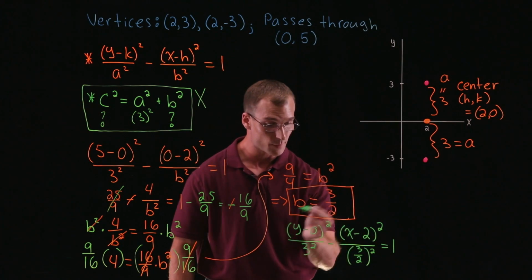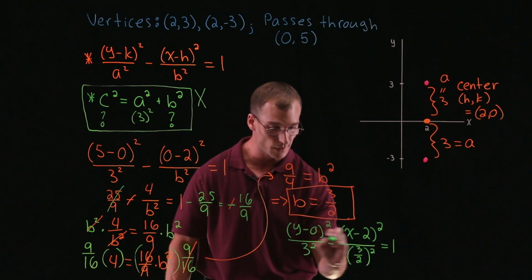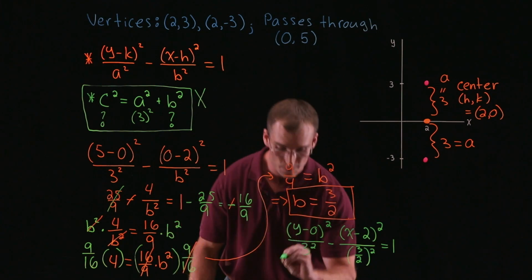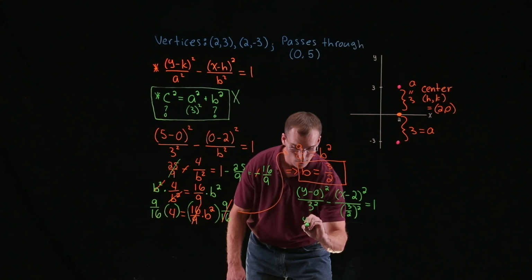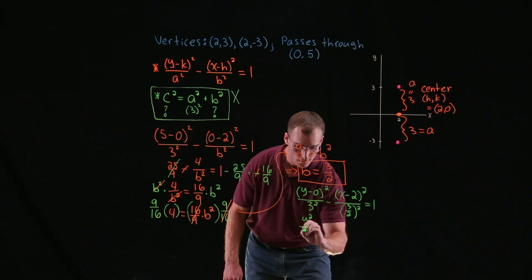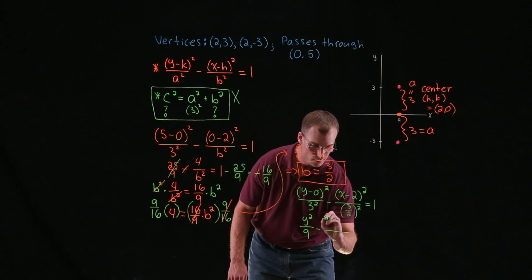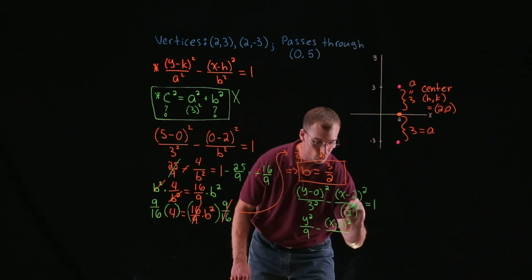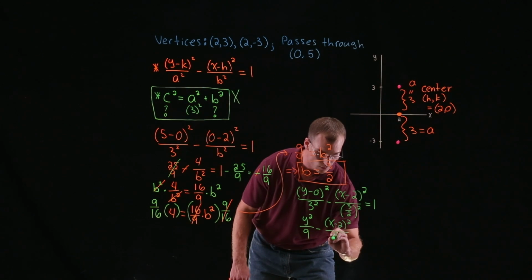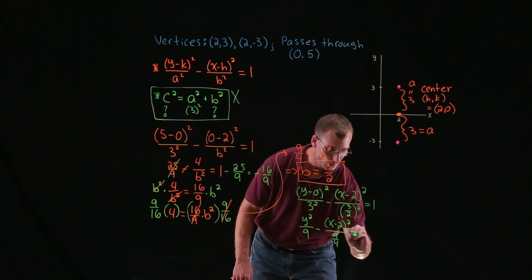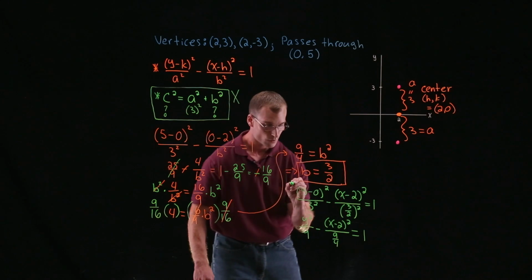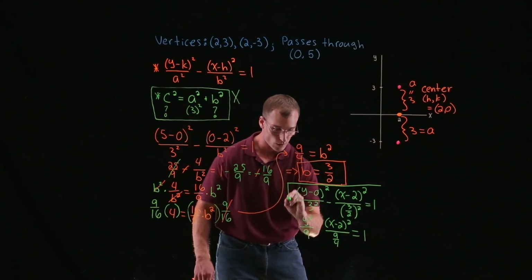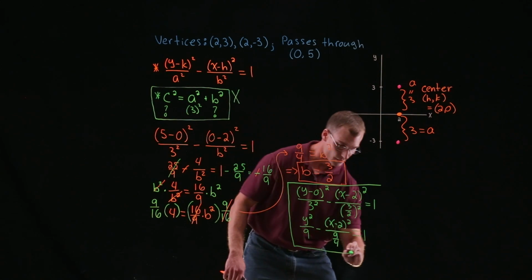So this is perfectly acceptable for a standard form, but we can also simplify the denominators if we want to, and also drop the 0 in the numerator in this term. So this could also be written, cleaned up a little bit, as y squared over 9 minus x minus 2 squared over squaring the 3/2, 9/4, and that's equal to 1. So there's two forms of the standard form of our hyperbola with our given characteristics.